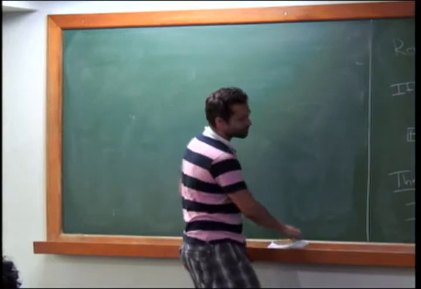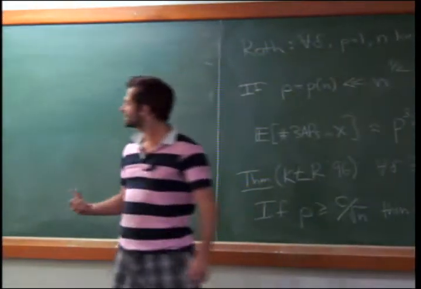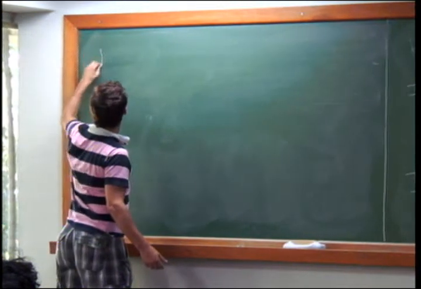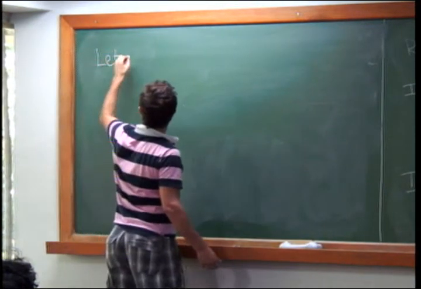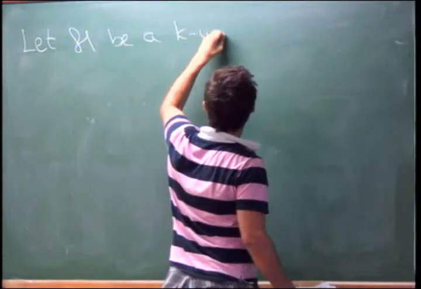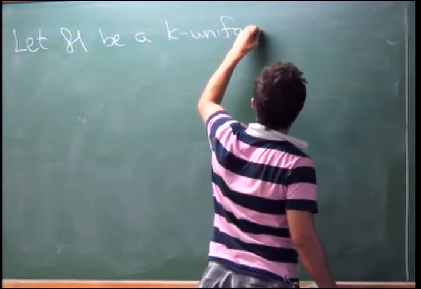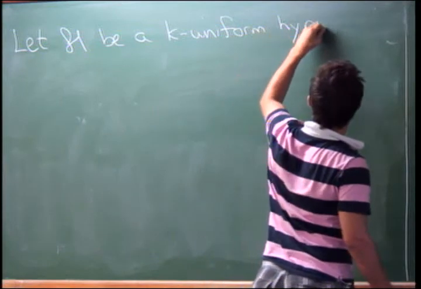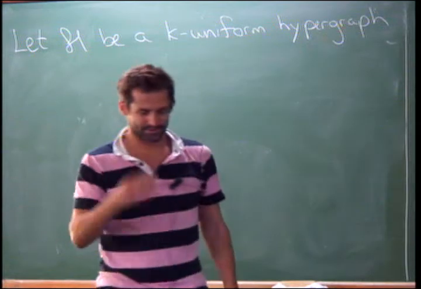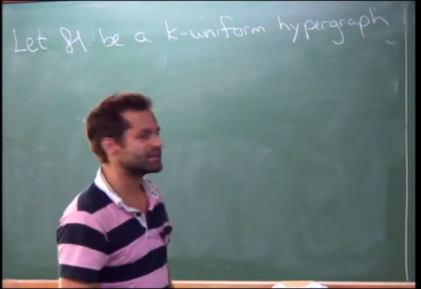So all of these problems fit into the same setting. And the setting is basically that of k-uniform hypergraphs. So what is the hypergraph in each case?